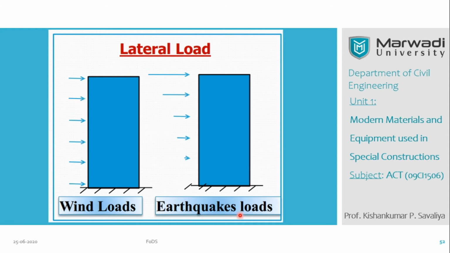While in case of the earthquake load, it is not uniformly distributed, it is a UVL load, uniformly varying load. You can see the maximum force will occur at the top of the building. The maximum thrust you will get at the top of the building. Why? Because the ground is shaking very heavily, so that will create a thrust on the top of the building. So this is the comparison of the wind load and the earthquake loads.